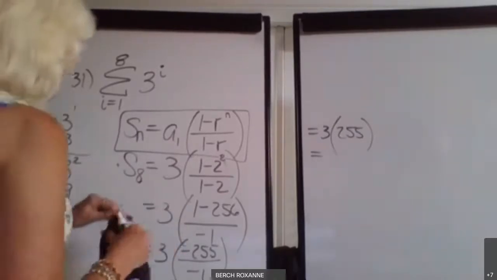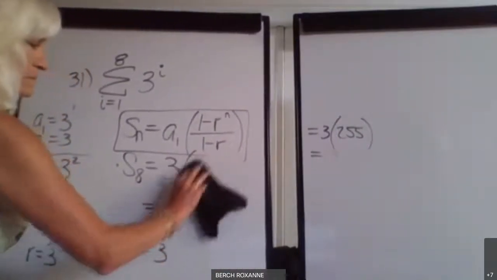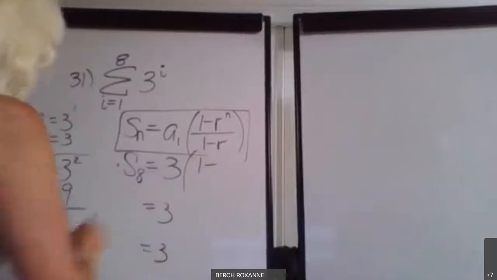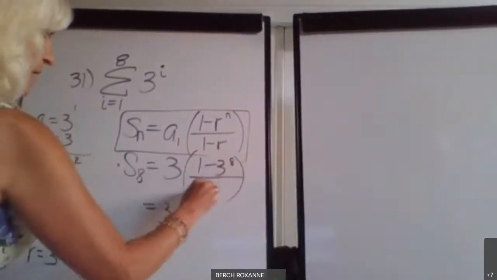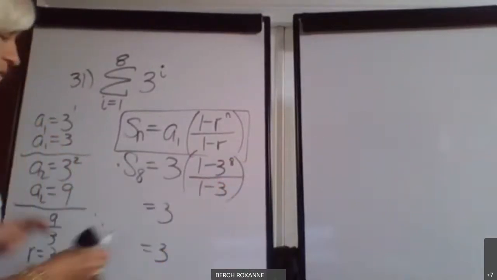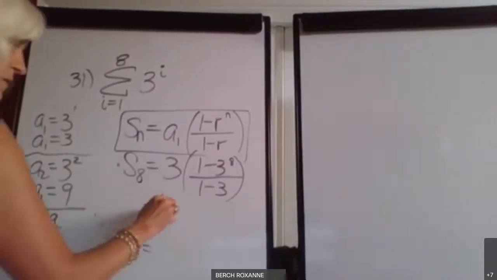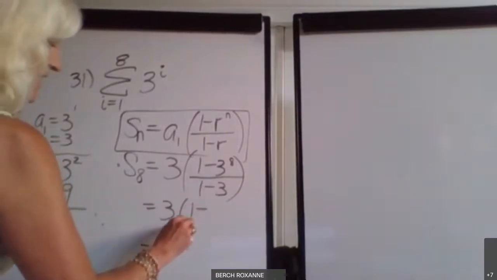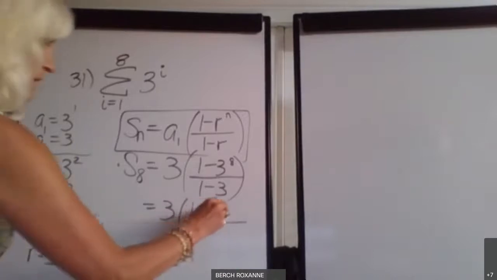So back over here, this would be 1 minus 3 to the 8th divided by 1 minus 3. So this would be, that negative is not part of the power. 1 minus, what's 3 to the 8th? 6,561.